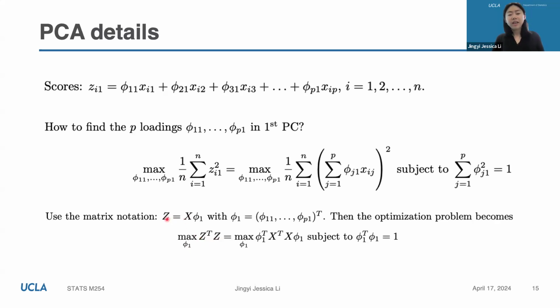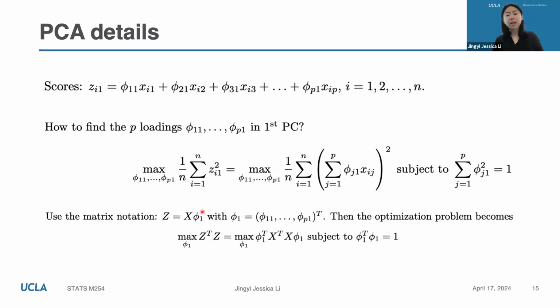But basically, if you use the notation here, z, which is x times phi 1, is already our PC1. Then the sum of squares is just the inner product of the vector with itself. Because z transpose here is 1 by n, a row vector, and z is n by 1, multiplying them together you get a scalar, and that's the sum.